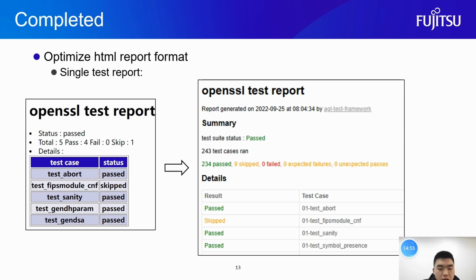Before the optimization, its state was only pass, failed, skip. But after optimization, in addition to the 3 old states of pass, fail, skip, the expected failure and unexpected pass situations were added.